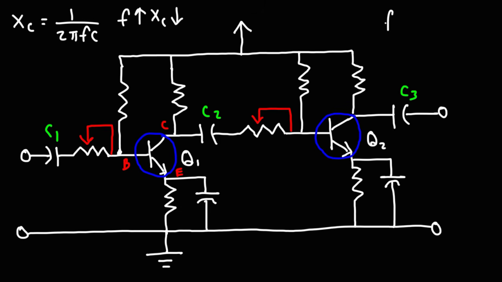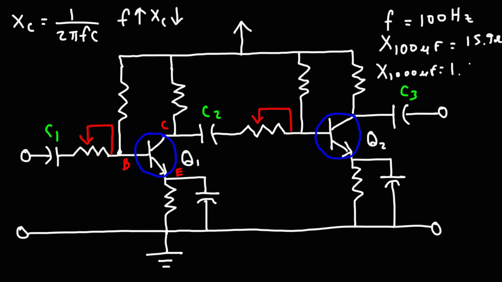Just to give you some numbers, let's say that the frequency is 100 Hertz. If you were to use a capacitor that's 100 microfarads, the impedance will be 15.9 ohms towards that 100 Hertz signal. But if you were to use, let's say, a 1000 microfarad capacitor, the impedance will be 1.59 ohms.